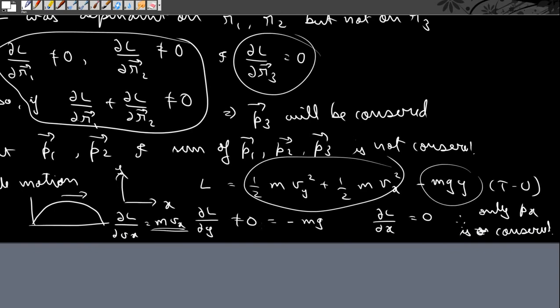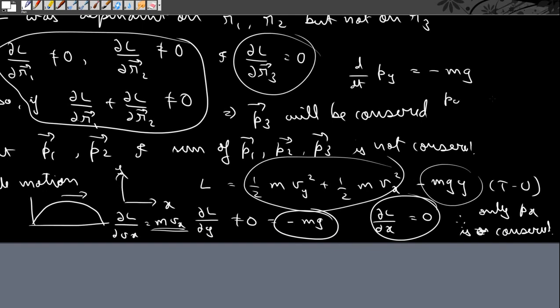Whereas in the vertical direction, that is the y direction, this is not equal to 0, and therefore d by dt of py will be equal to minus mg, which implies py is minus mgt plus some constant c determined by the initial condition.